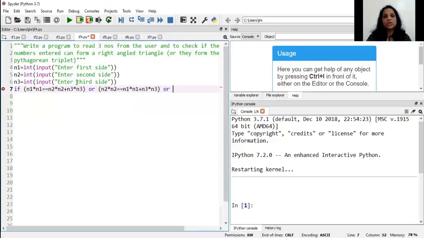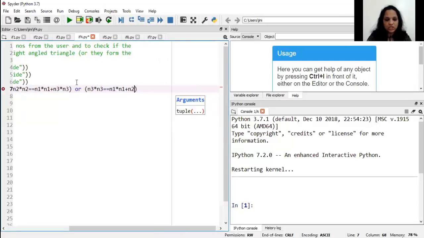With this example, I'm basically trying to show you that you can write multiple conditions with the if and you can connect them with the or. Or what is my next scenario? What if N3 is the hypotenuse? So N3 into N3 equals N1 into N1 plus N2 into N2.